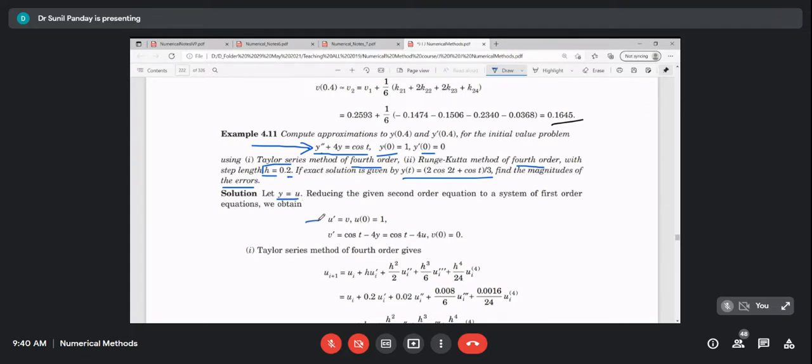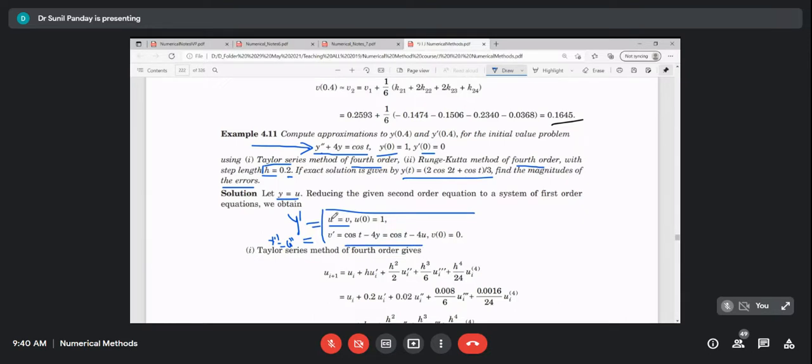So your one equation is u dash equals v, because if you differentiate, y dash equals u dash, and this u dash we have assumed as a new variable v. And then y double dash is equal to u double dash, or you can say it is v dash because u dash is v. So this is your system.